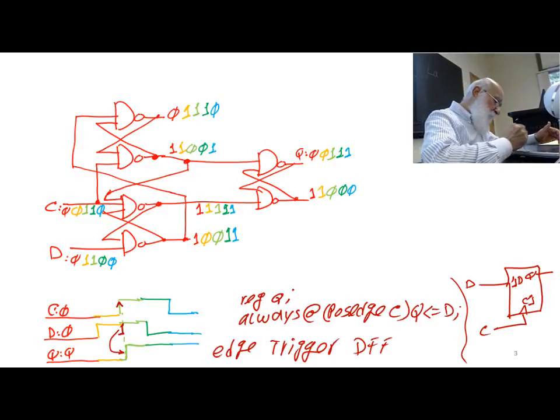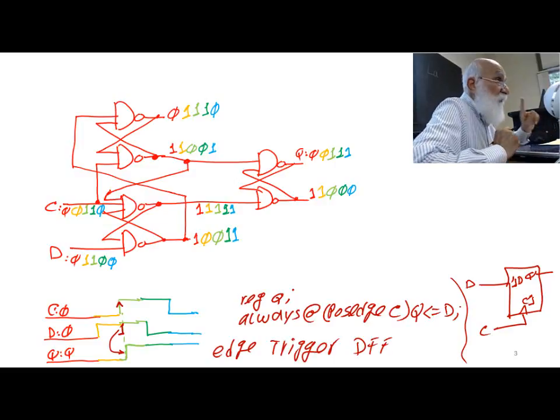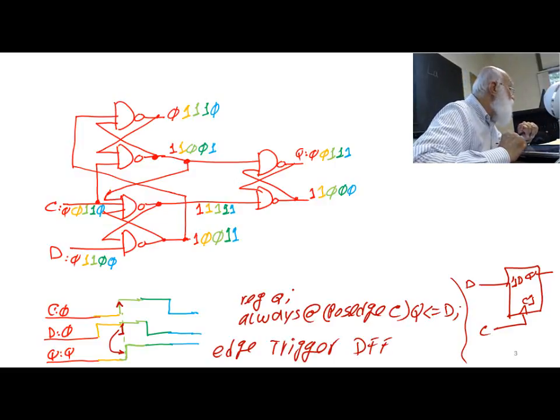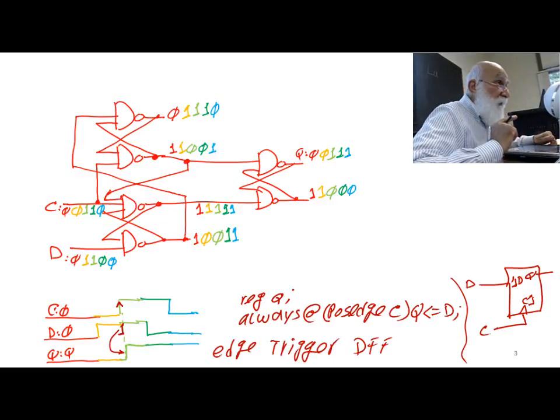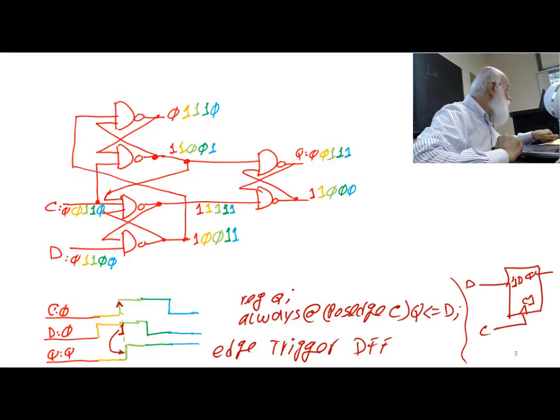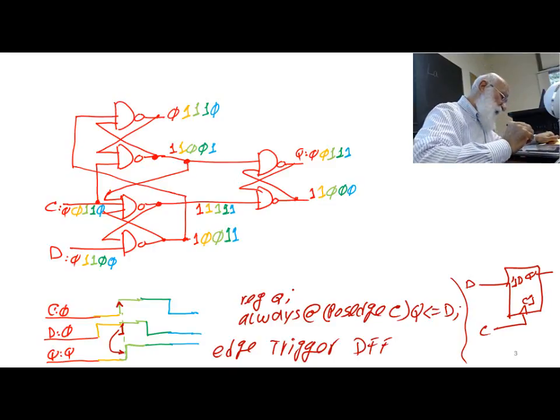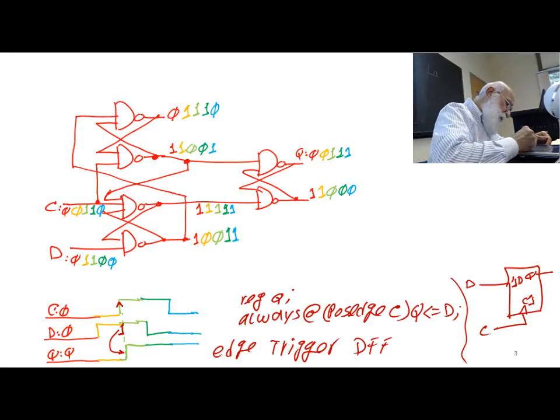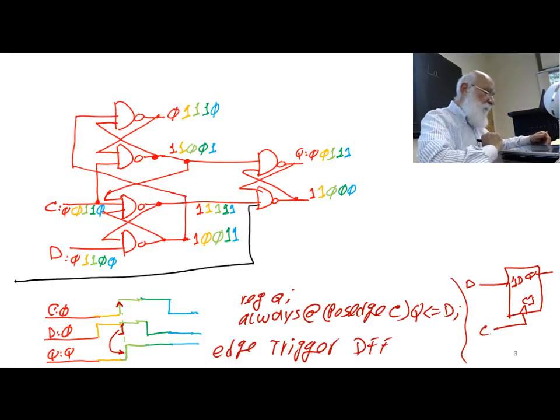All right. I want to add a signal to force my output to go to 0. To force my output to go to 0, because these are NAND gates here, I bring in a signal like this.